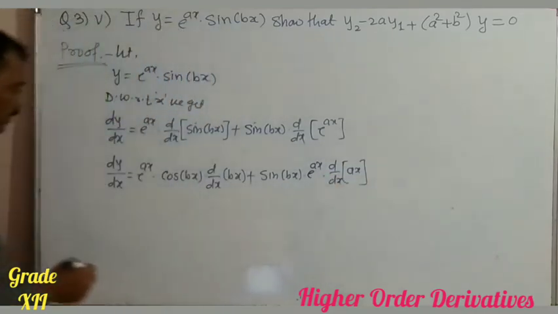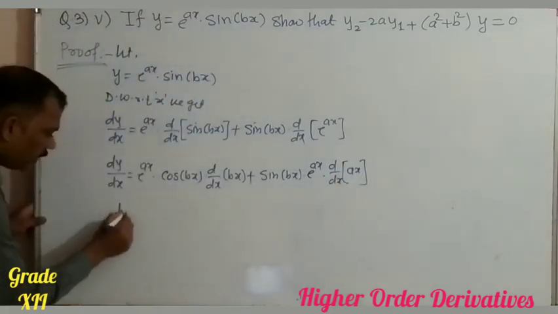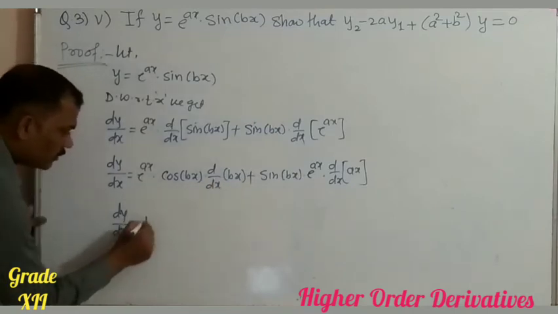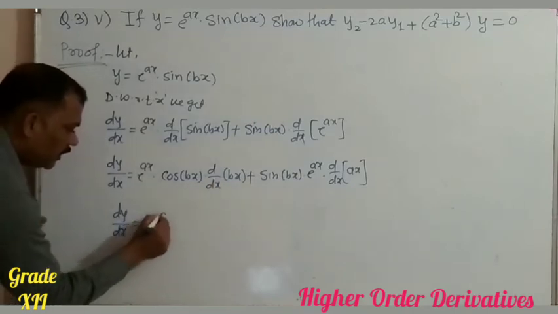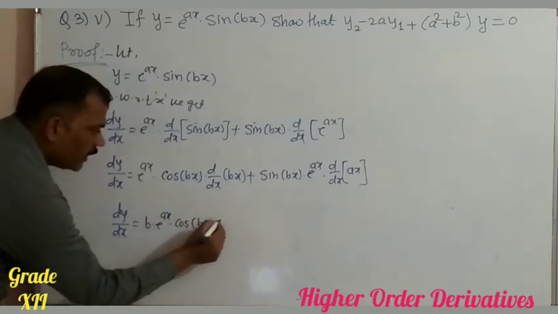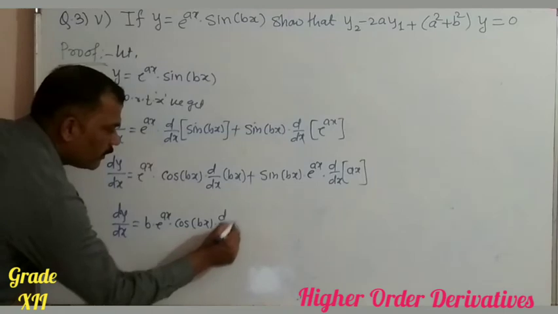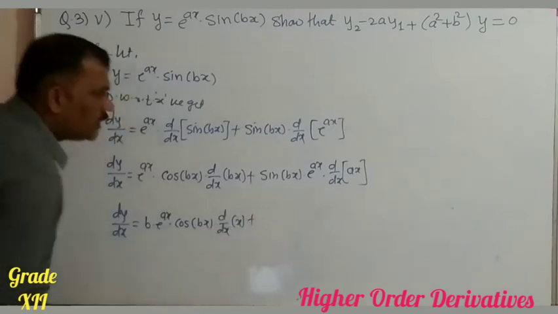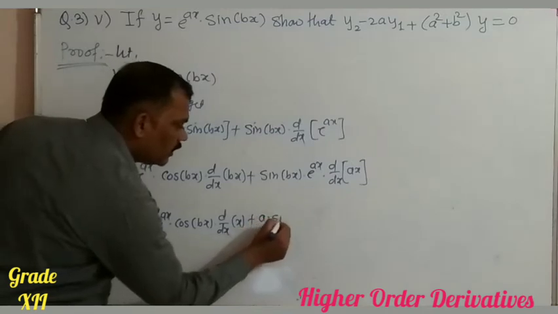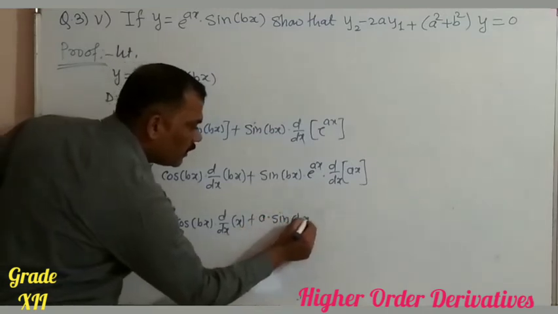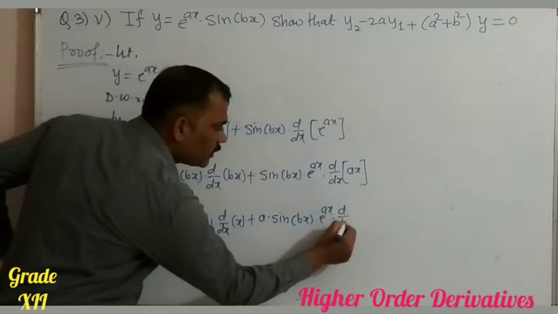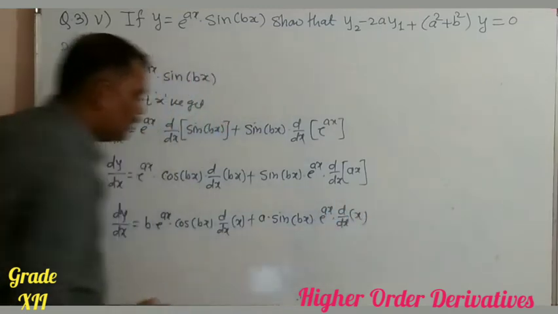So what we have to get here, dy by dx is equal to, here b is a constant, so we have to take it outside, b into e raised to x into cos of bx into d/dx of x, plus here a is a constant, so we have to take it outside, a into sine of bx into e raised to x into d/dx of x.